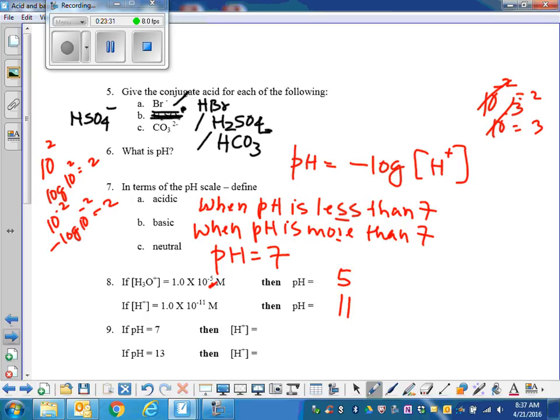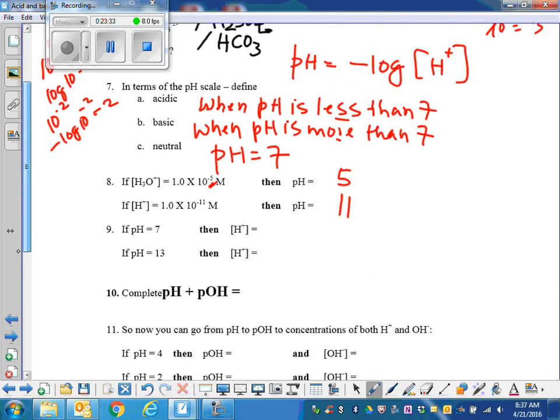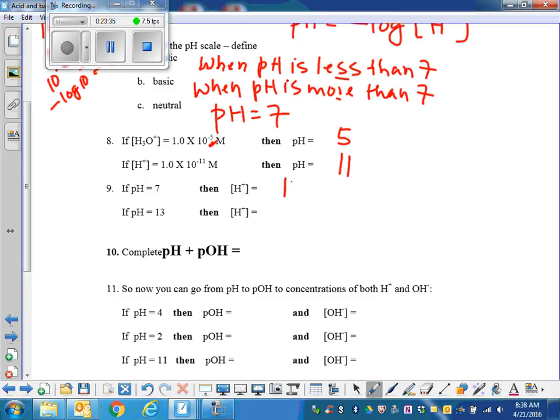If the pH is a whole number, what is your hydrogen ion concentration? 10 to the negative 7. If the pH is 13, what is the hydrogen ion concentration? 10 to the negative 13. What do the two add up to? pH plus pOH always adds up to 14.